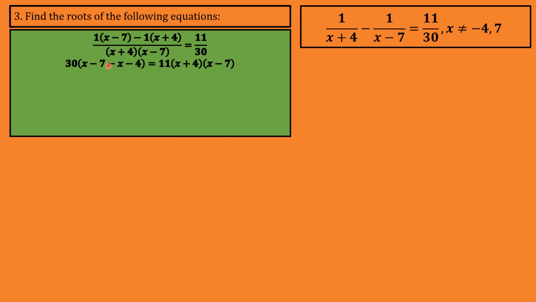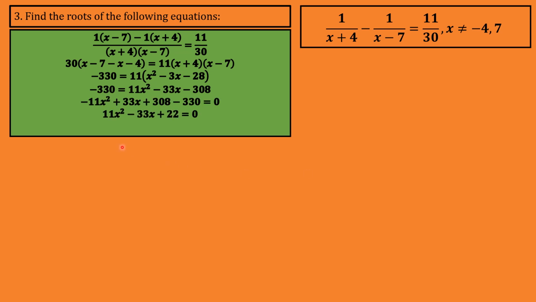Further, shift 30 to this side, open the bracket, simplify it. We will get the quadratic equation, which comes out to be 11x square minus 33x plus 22 is equal to 0. Okay, further it can be simplified. Dividing throughout by 11, we get the monic equation x square minus 3x plus 2 is equal to 0.